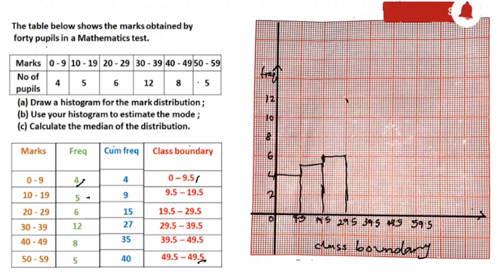So I have 12 here. Just draw it down gently. If you have a ruler, it will be easy for you to draw. And I'll draw it this way. Okay, bear with me. Just trying to use my free hand to draw this.